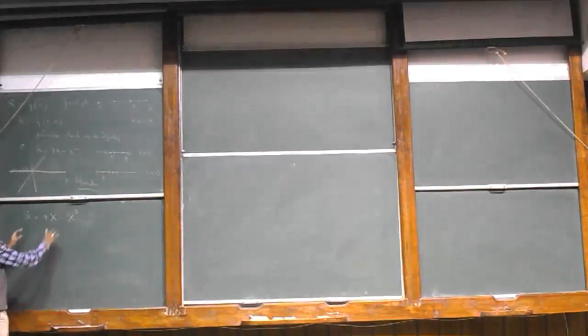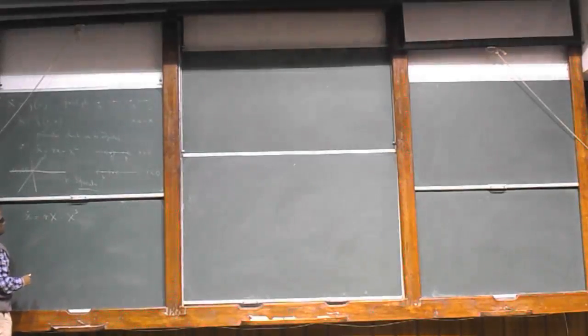So if you want to look at a completely different kind of behavior, you just ignore x squared and go to the next variety, which is x dot equal to rx minus x cubed. So x dot equal to rx minus x cubed, that's the next example one wants to talk about.